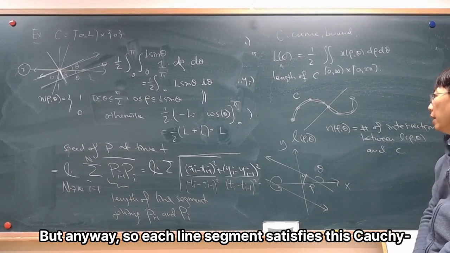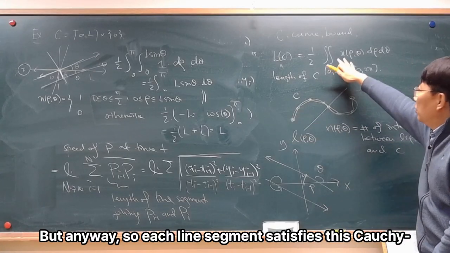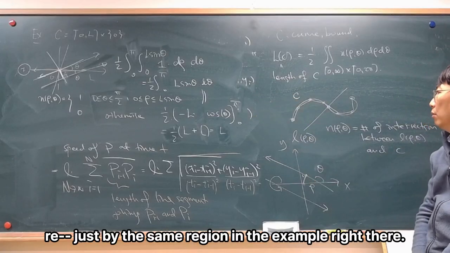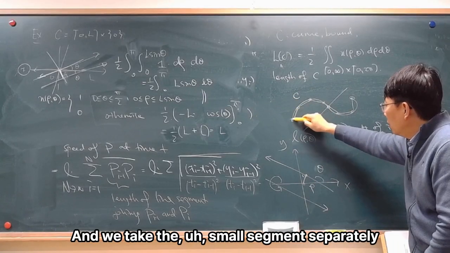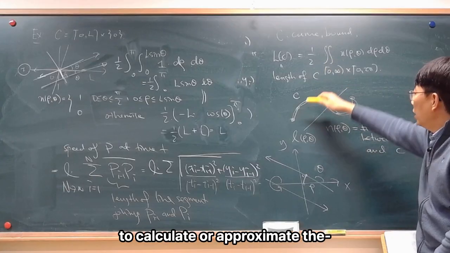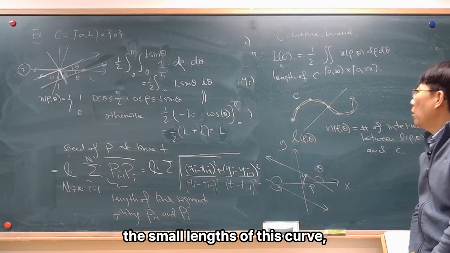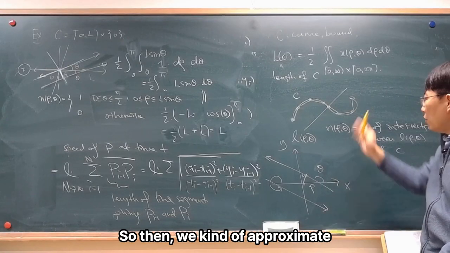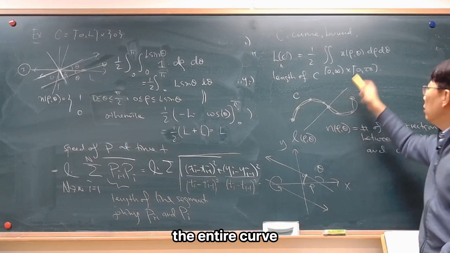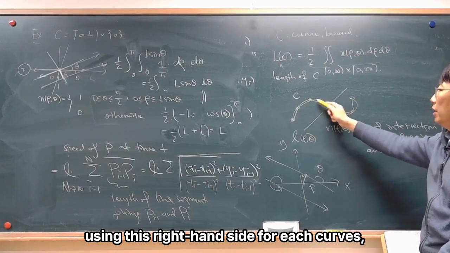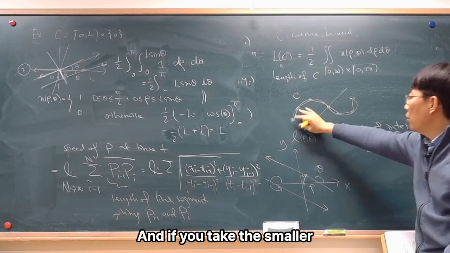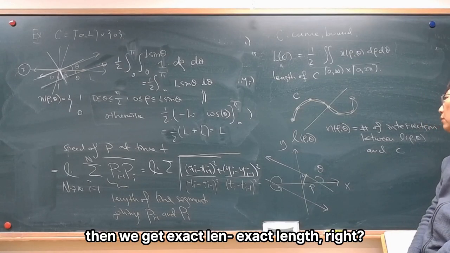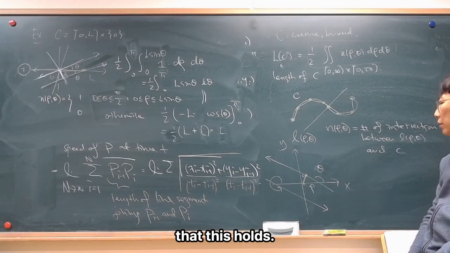Each line segment satisfies this formula just by the same reasoning as in the example, and we take the small segments separately to approximate the small length of this curve, and then we combine them all together. So we approximate the entire curve using this right-hand side for each line segment. And if you take smaller and smaller subintervals, then we get the exact length, right? So that's how we prove that this holds.